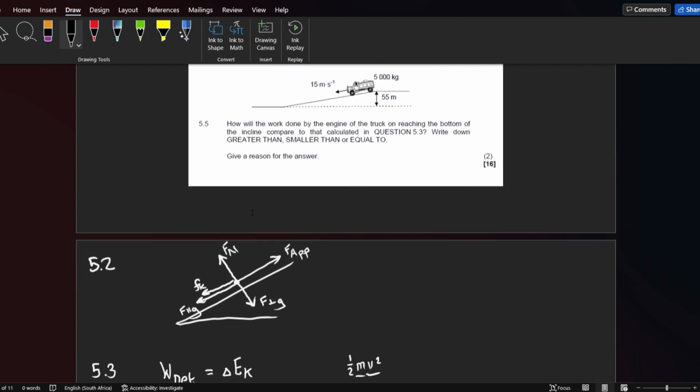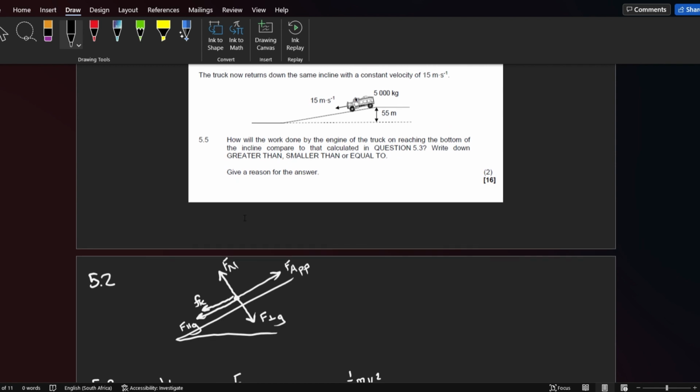So no calculation is required for this question, but if we quickly draw a free body diagram for the scenario where the truck is moving down, we have the applied force, the parallel component of gravity, and we have friction going up, right?